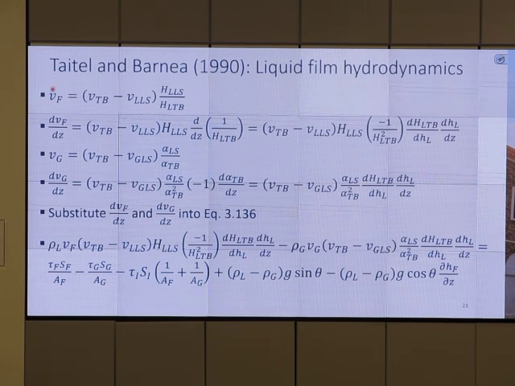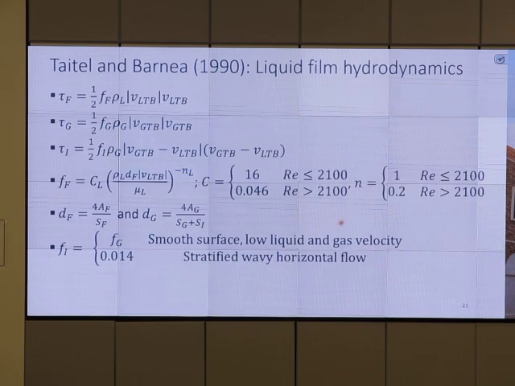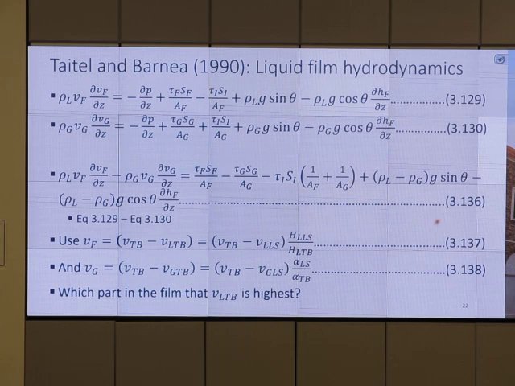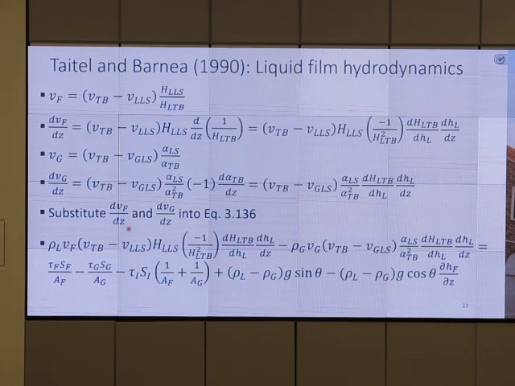So we use that equation, then take the derivative dVF/dZ, we get this, and dVG/dZ, we get another one. Substitute these two into your combined momentum equation, 3.136. 3.136 is what you get after you subtract them from each other, right? We have dVF/dZ and dVG/dZ. Substitute those in, okay?